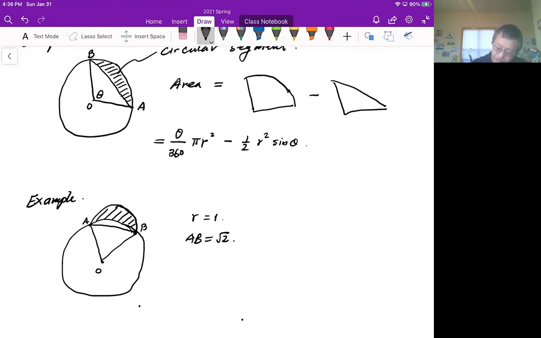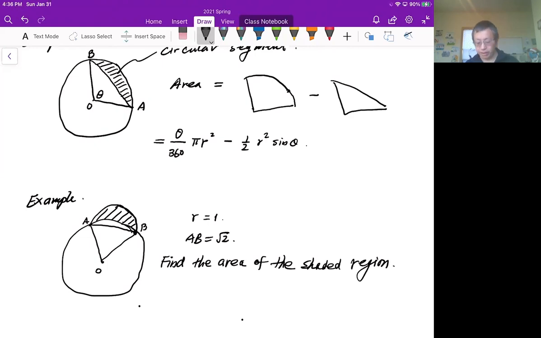So find the area of the shaded region. Okay, let me give everyone a minute.